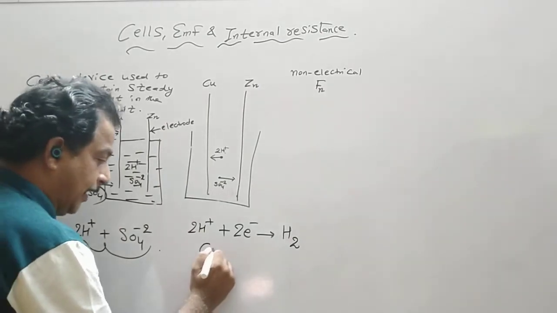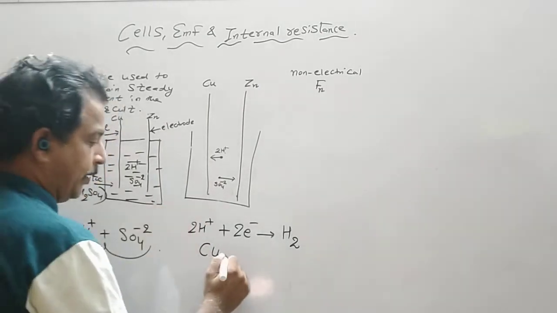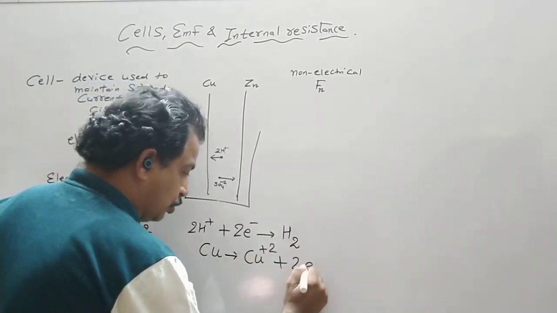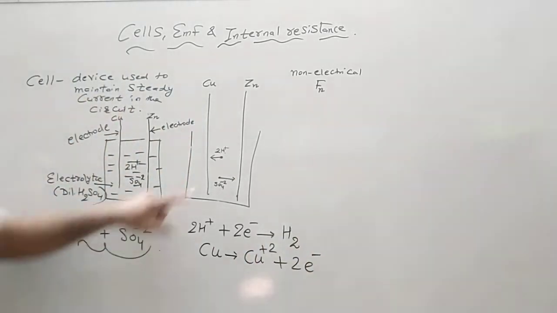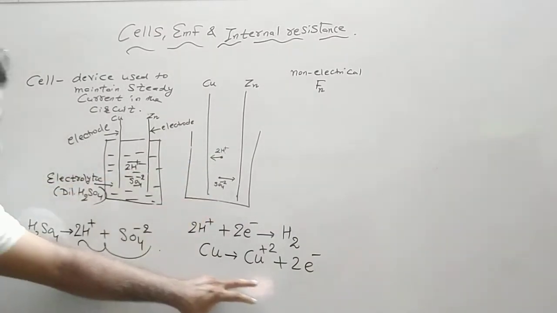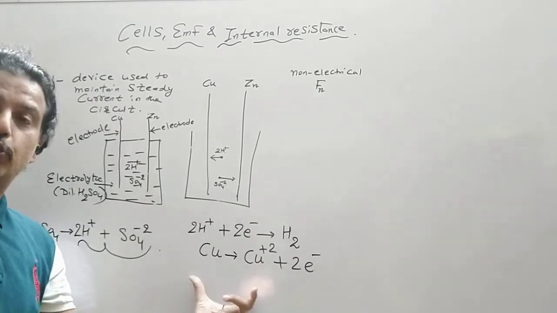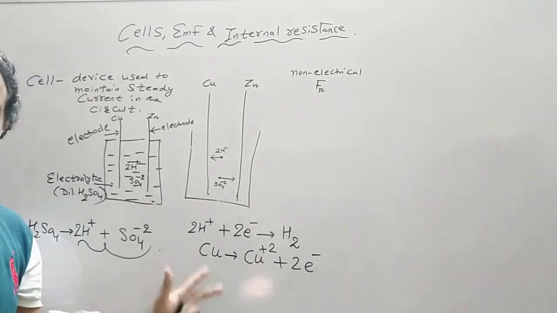On the other hand, the copper loses 2 electrons to this H plus ion.